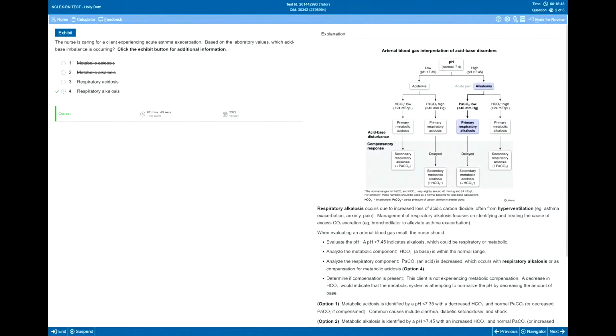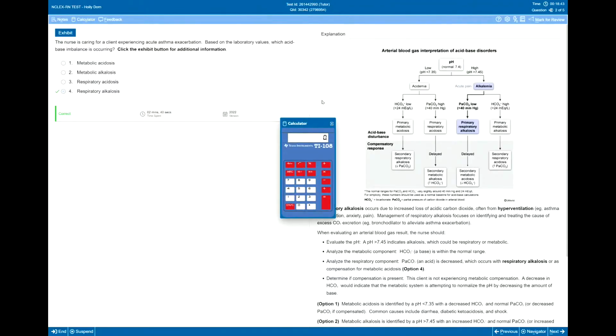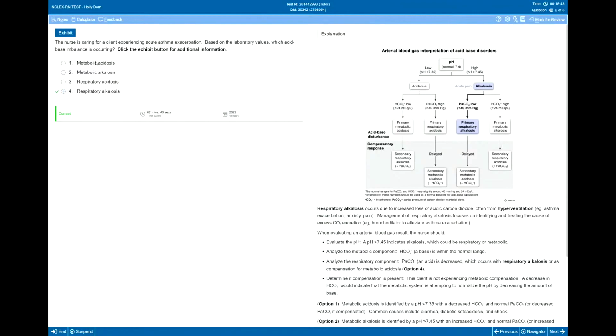And I did want to point out here that with how I can cross these items out and also just the general view of the UWorld platform, we try to mimic the NCLEX as close as possible. Someone who's taken it, I can verify this is pretty close. These are the same colors that are used, somewhat similar in font and look, as well as your calculator options, your notes, all of those things, and even the crossing out of items is something you can do as well.